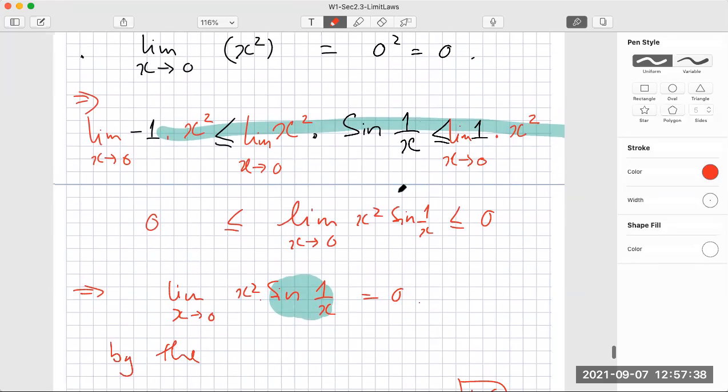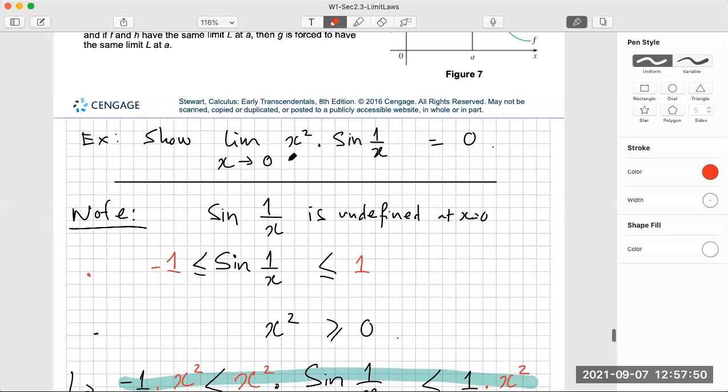So for the limit here, we try to apply the squeeze theorem to find it. Yes, we need to show it here, right? The question is, we need to show it. We don't know what it is at x equal to 0 because it is undefined at x equal to 0, right?